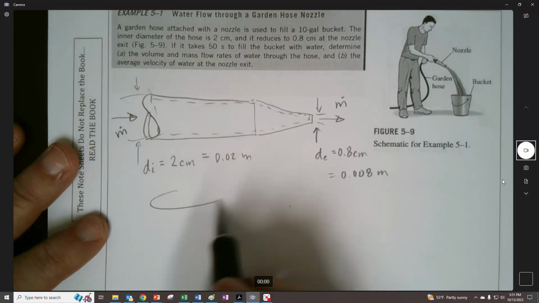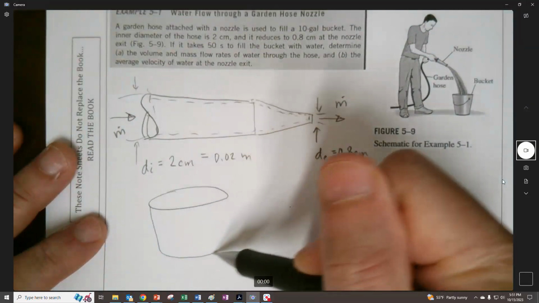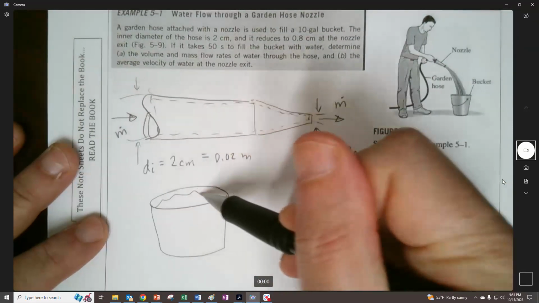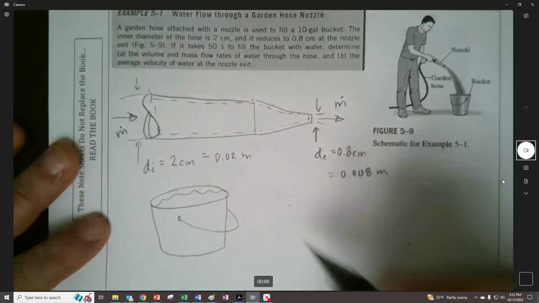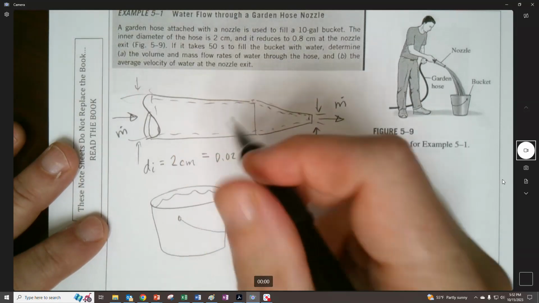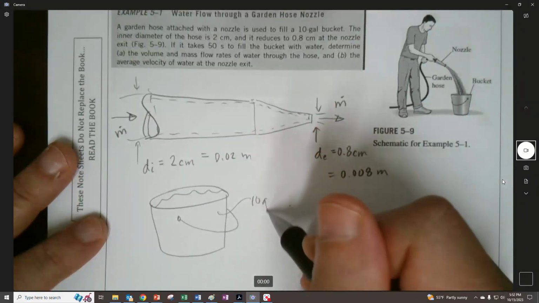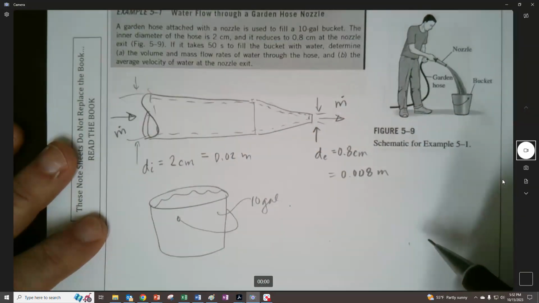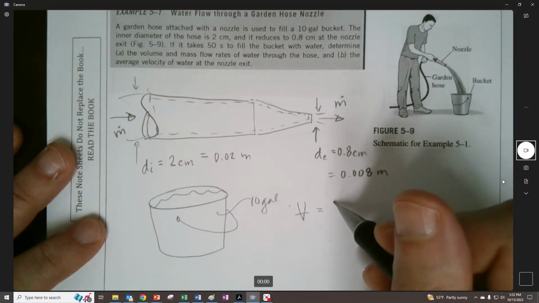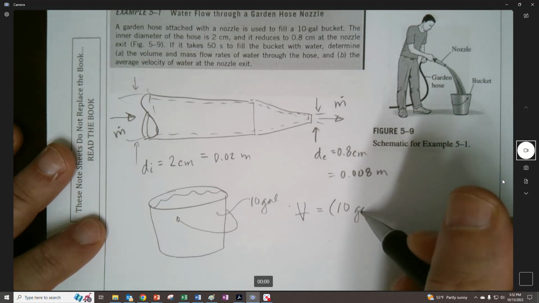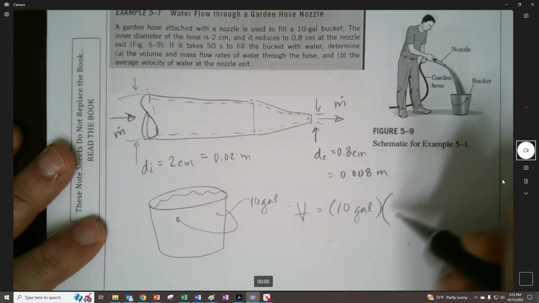I drew it on my page, so I'm going to draw it here. Here's our bucket. Gotta put a little handle on the bucket. And this is 10 gallons. If you wanted to convert the bucket, 10 gallons, I found this in the back of the book.